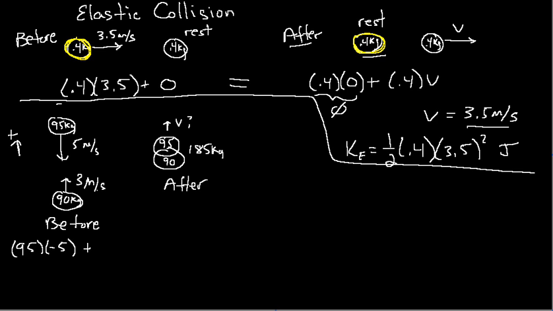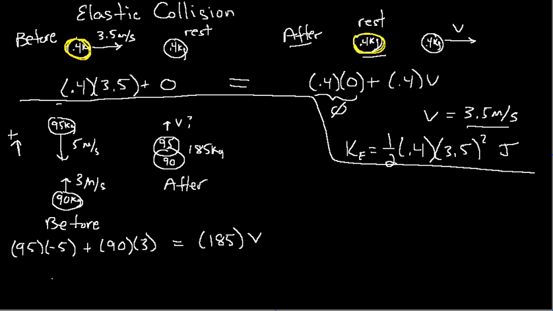The momentum of the guy running north is his mass, 90, times his velocity, 3, and that's positive because we said upward is positive. That has to equal the momentum after, which is one final mass of 185 times some final v.